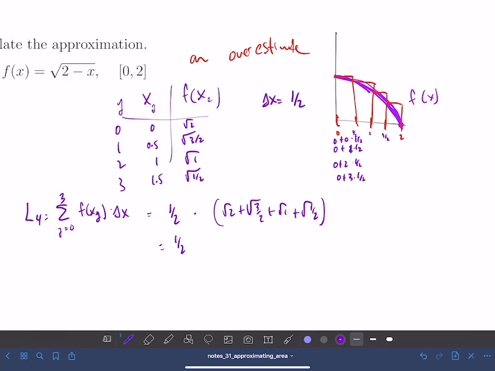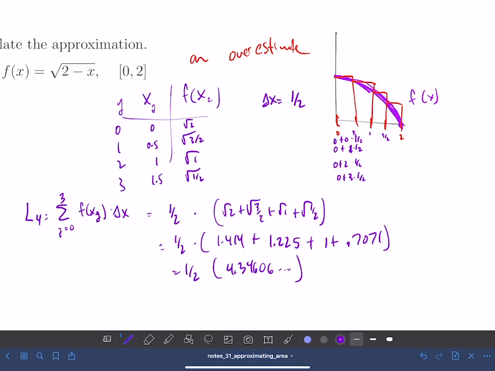So I'm going to go square root of 2, 1.414, plus square root of 3 over 2, 1.225, plus 1 plus the square root of a half, 0.7071, equals a half of the sum, which is 4.34606 and some stuff after it.